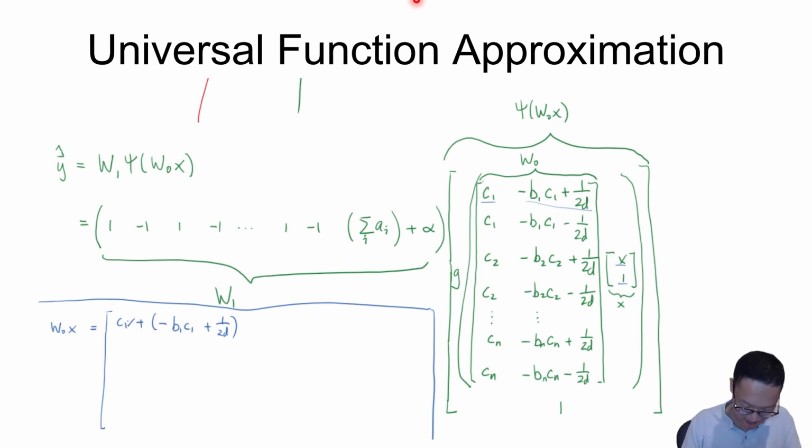Sorry, I forgot the x. Next we take c1 x plus minus b1 c1 minus 1 over 2d, and we keep going. In the end, the last term is cn x plus minus bn cn minus 1 over 2d.